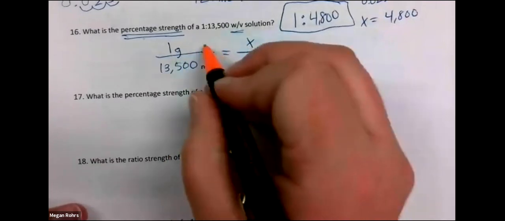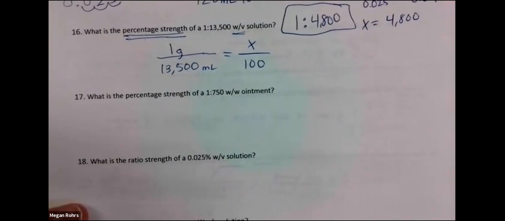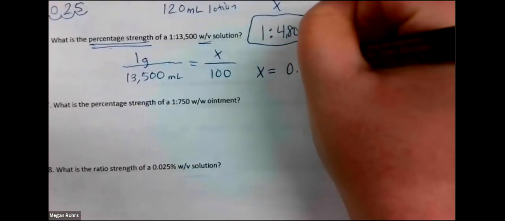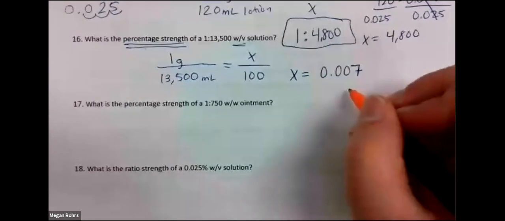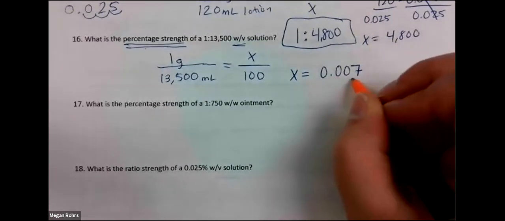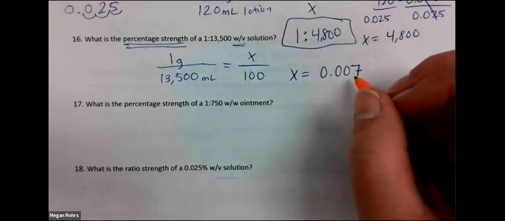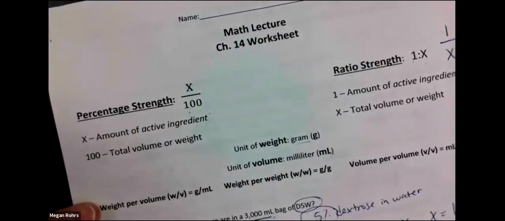So here we have 100 divided by 13,500. So that leaves me with 0.007. I'm just going to leave that here. Just round to the nearest thousandth here. It does keep continuing, but that's enough to the significant digit there. Now remember, the X in our percent strength fraction, that is our percentage, okay?